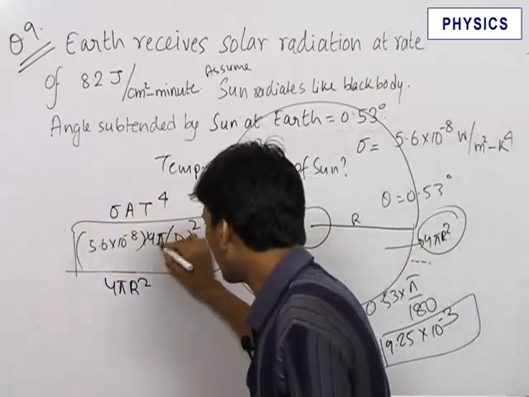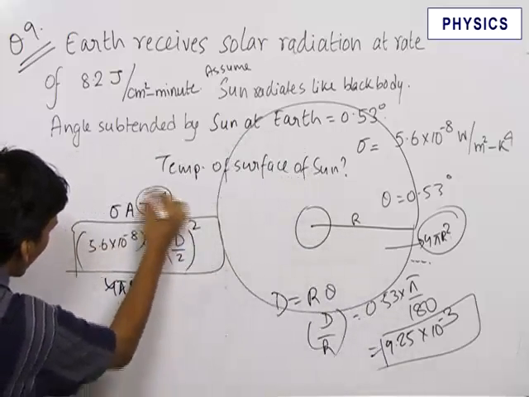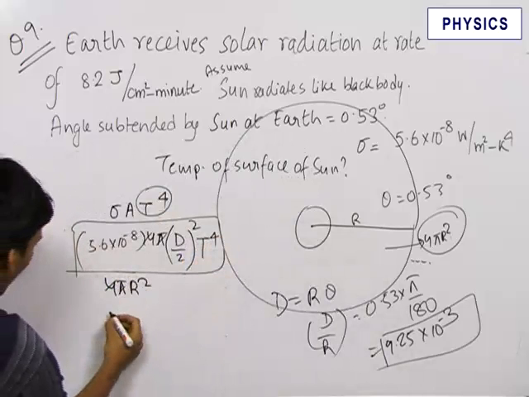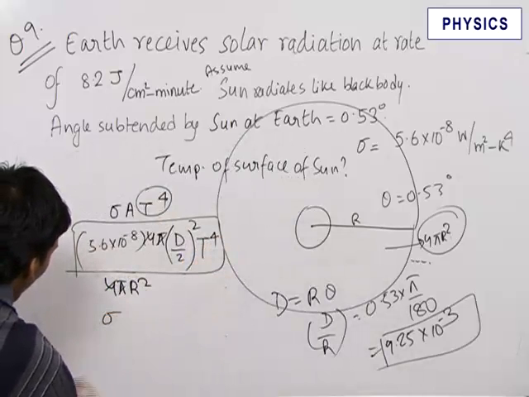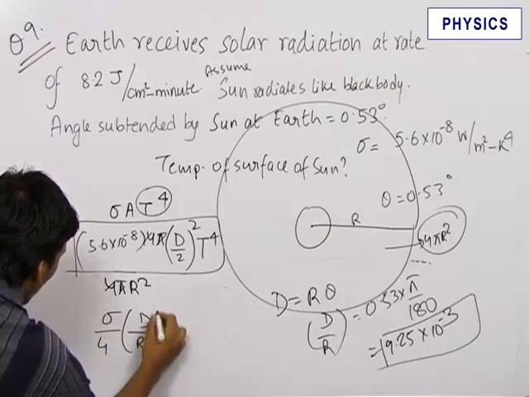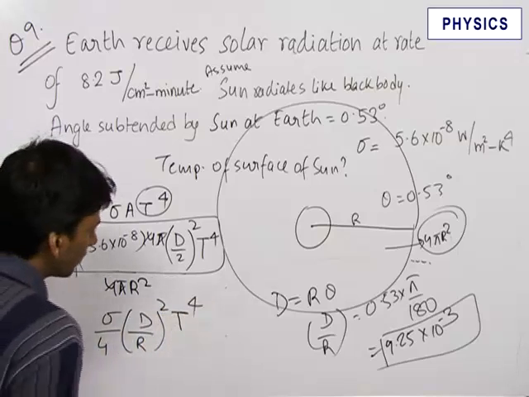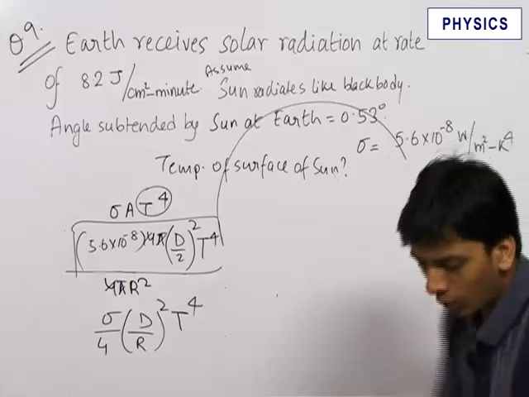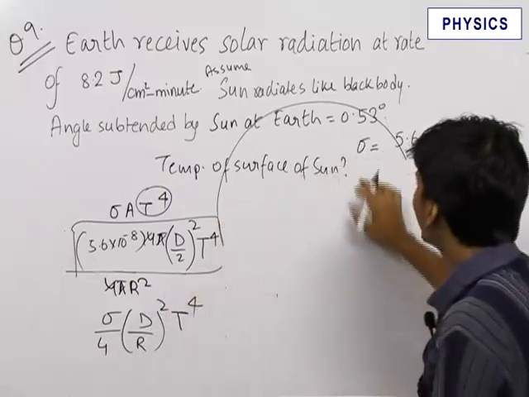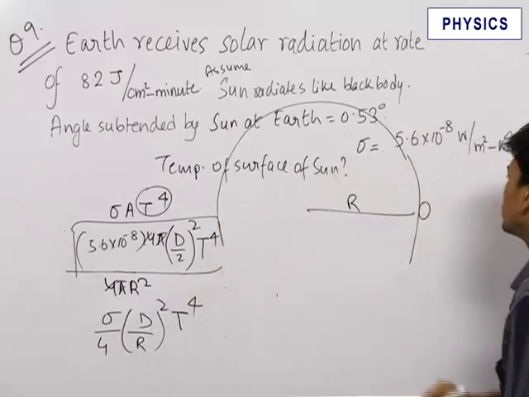Therefore we can cancel 4 pi. This becomes equal to, here we have an additional term of T raised to the power 4. Therefore this is sigma. This becomes sigma by 4 into d upon r whole square into T to the power 4. Now we get this as the heat radiated per unit time per unit area at the radius of r where the earth is positioned.